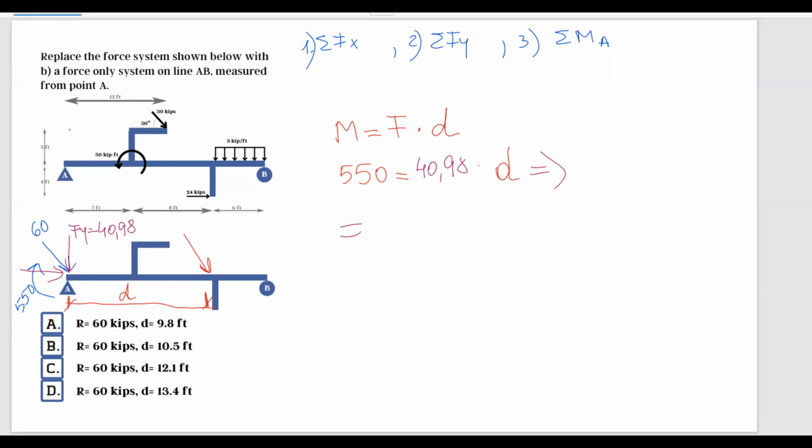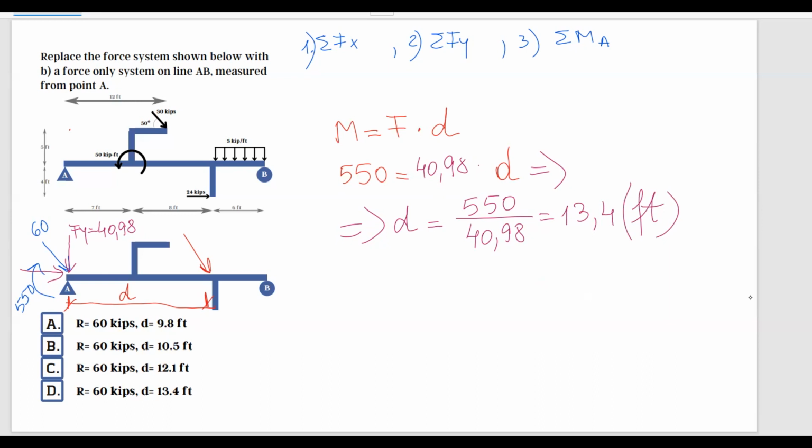And from here, D equals 550 divided by 40.98. So 550 divided by 40.98, and I'm getting a value of 13.4. 13.4, and these are feet.